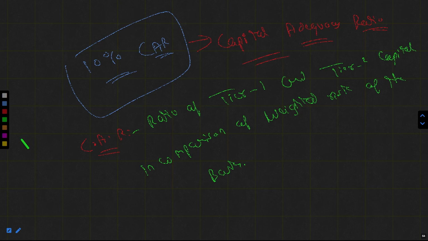Generally it is like this: tier 1 plus tier 2 divided by weighted risk. In this scenario, tier 1 and tier 2 is the total available capital with the bank right now, and weighted risk is the liability and the risk the bank is facing right now.